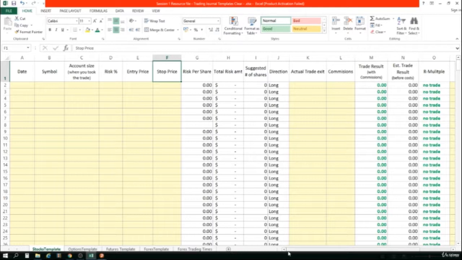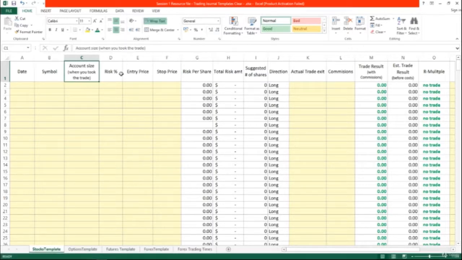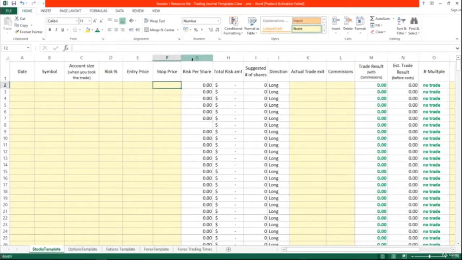These are the six data points that you need to enter in order to calculate how many shares you need to buy to get into this price.